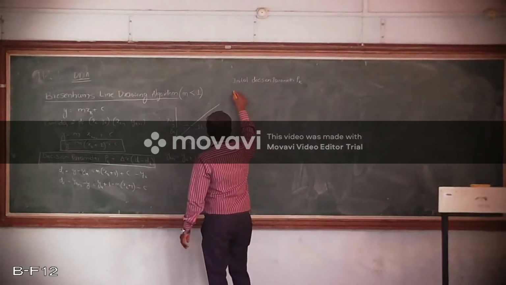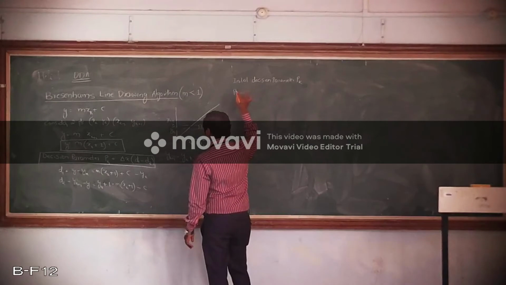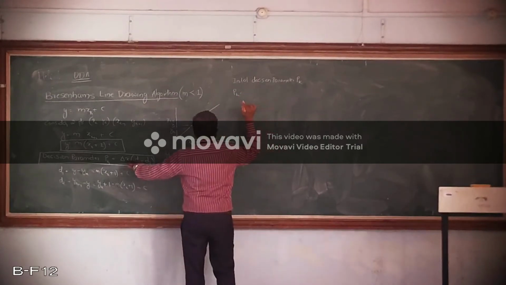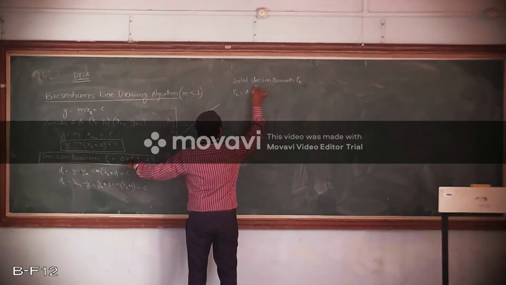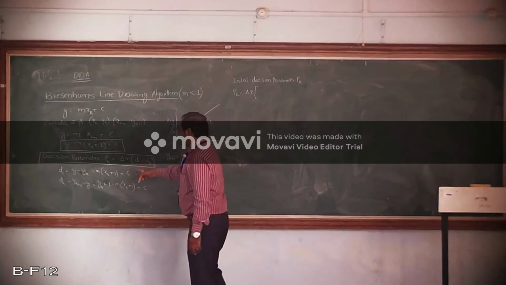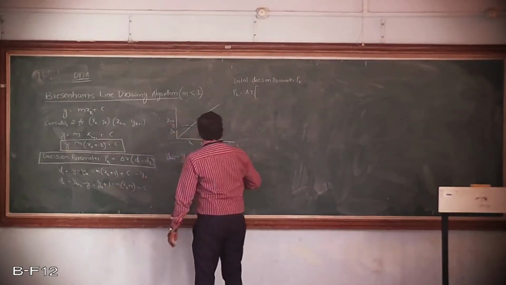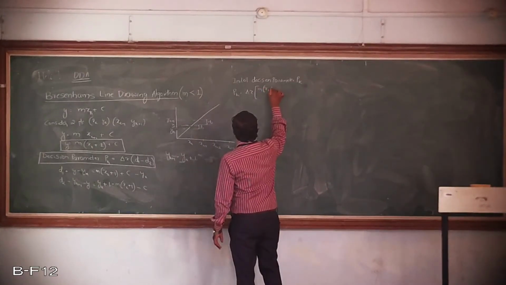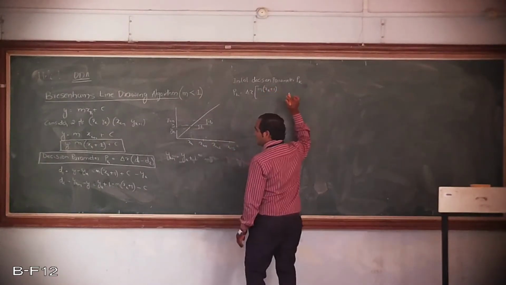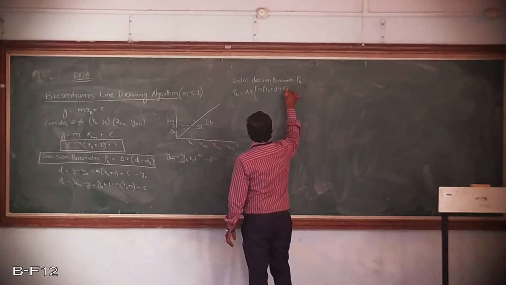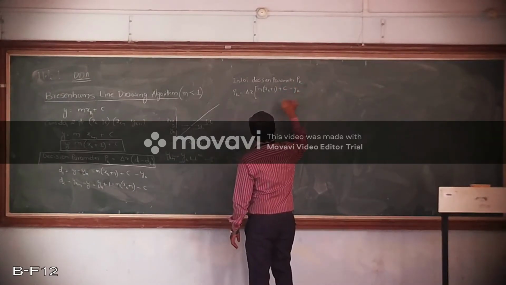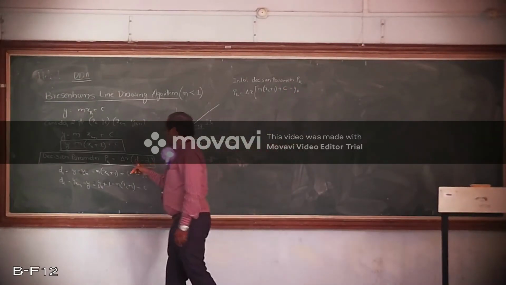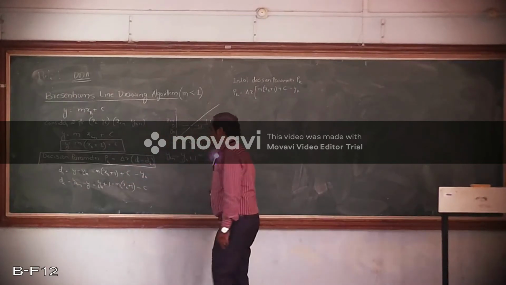So Pk is equal to delta x as it is into the bracket d1 minus d2, this value minus this value. So it is m into xk plus 1 plus c minus yk. So this is the value of d1 minus d2.